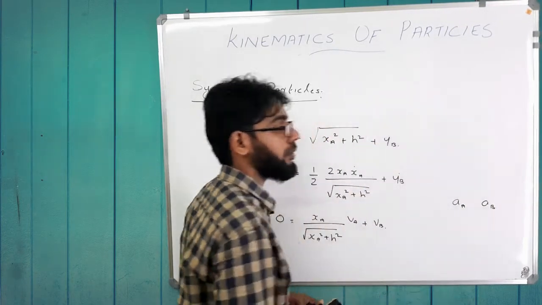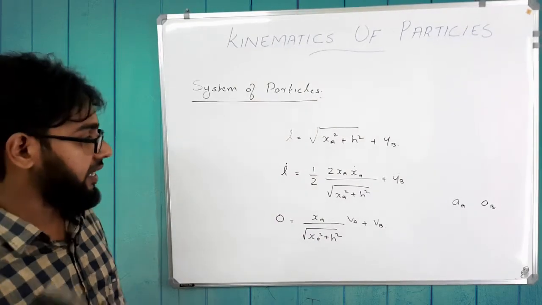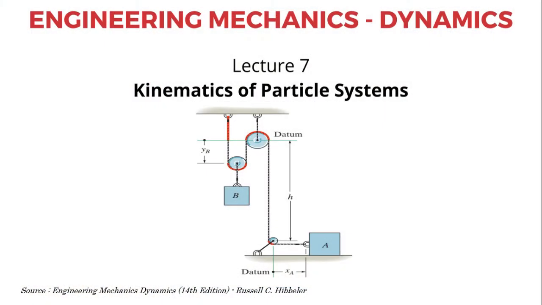Consider another example of a pulley system as shown in this figure. Here I choose the datum along the center of the pulley at top for taking the position coordinate of body B. In addition, I have chosen another datum for the position coordinate of A. Whenever you choose multiple datum lines, please ensure that the distance between the datums is constant.